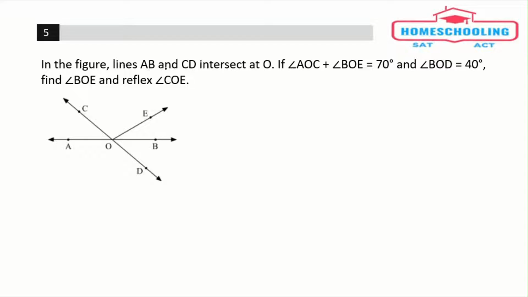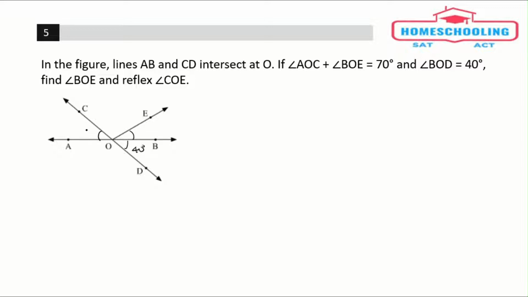In the figure, line AB and CD intersect at point O. If the sum of angle AOC and angle BOE, this angle and this angle, is 70 degrees, and angle BOD is 40 degrees, then angle COA is vertically opposite to this.